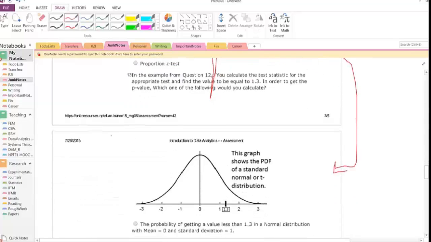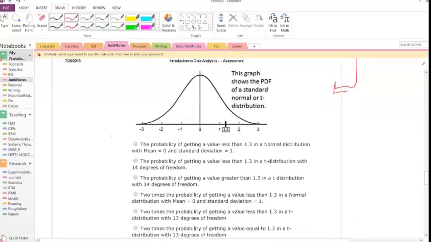So see what question is asked, and that should help you answer whether it's a normal distribution or a t-distribution, how many degrees of freedom are involved, and whether you want the probability of a value greater than, the probability of a value less than, or the probability of the value which clearly cannot exceed 1. The probability can never be more than 1. So if you're looking at both sides of the tail, which probabilities would you be interested in?